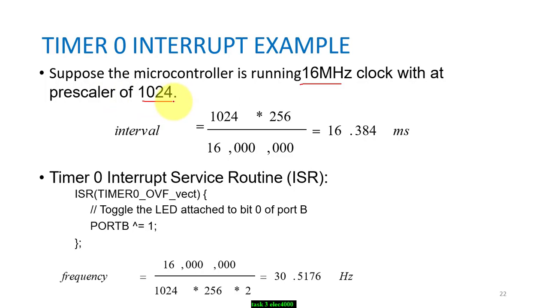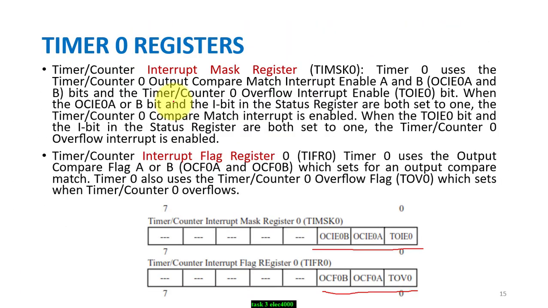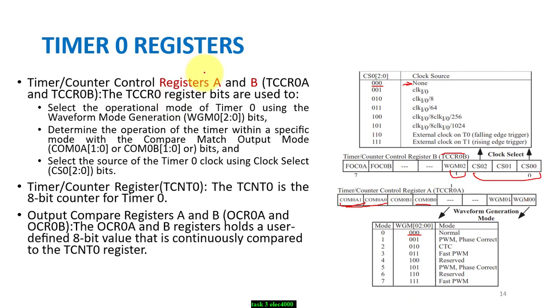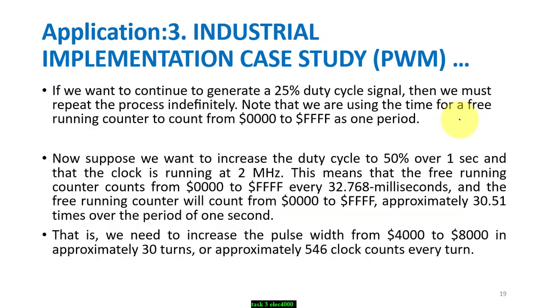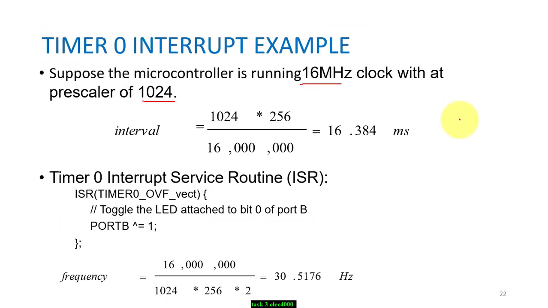What's a clock prescaler? It is this one over here. I'm running a clock prescaler of 1024. So the interval is equal to the prescaler over the frequency, multiplied by 256. The total interval is 16.384 milliseconds.